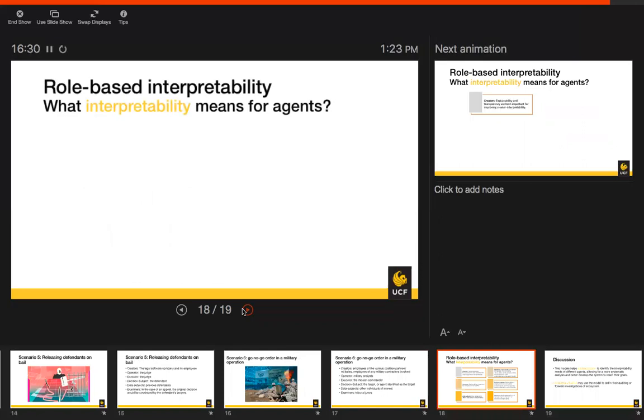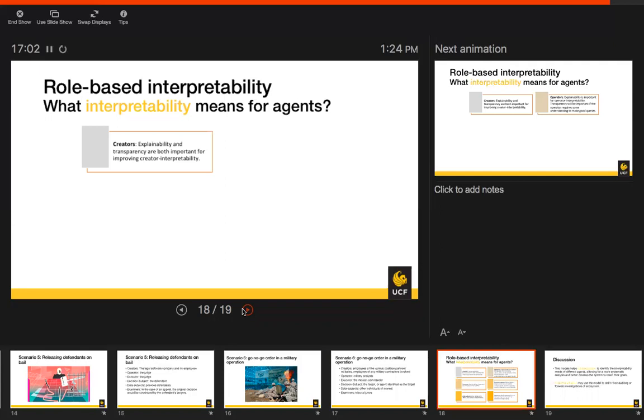This article also talks about what interpretability means for each agent. We have defined 6 agents, so they offer the interpretability meaning for each agent. For creators who create the machine learning system, explainability and transparency are both very important for improving creator interpretability.